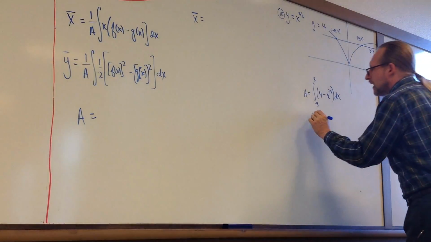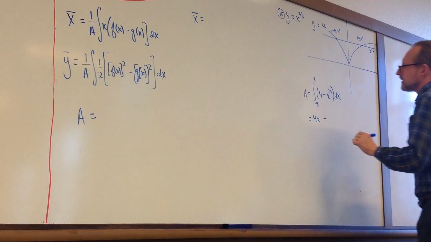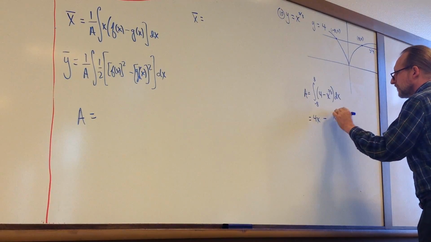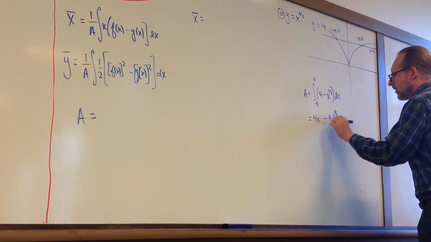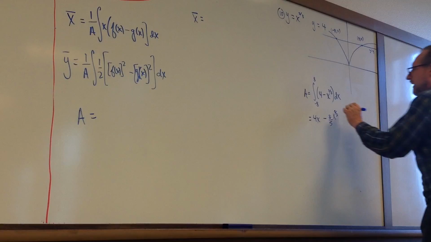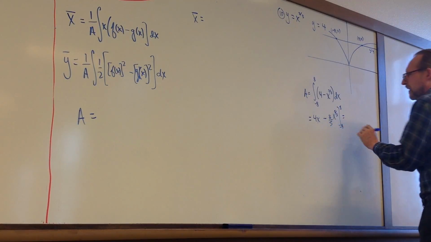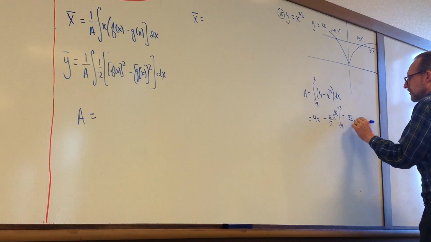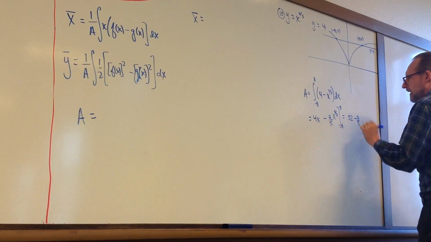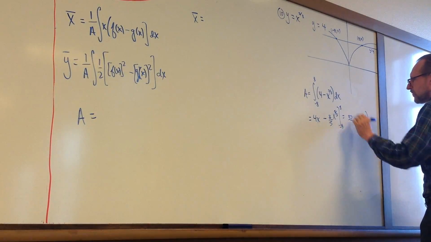All right. So if we integrate there, we'll get 4x minus x to the 5/3 over 5/3, which is times 3/5. And then we want to evaluate this from -8 to +8. So this is 32 minus 3/5 times 32.